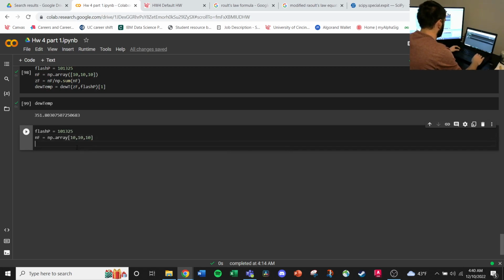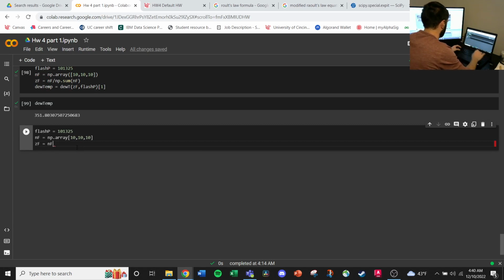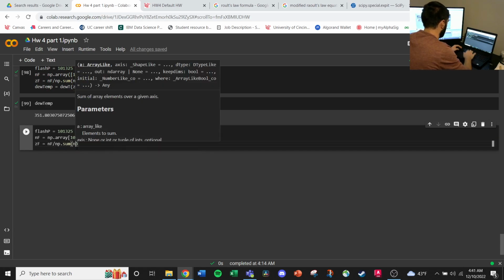Alright, so now if we want to break this down into a fraction, we can do ZF is equal to NF. Since we left NF as by component, we can have components of each fraction, which is nice. So NF divided by NP dot sum of NF.